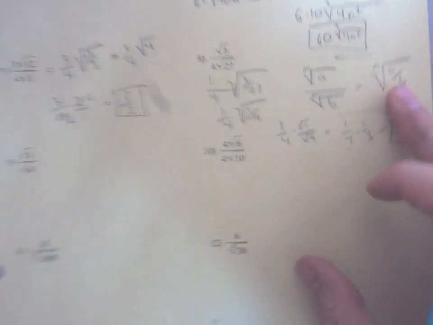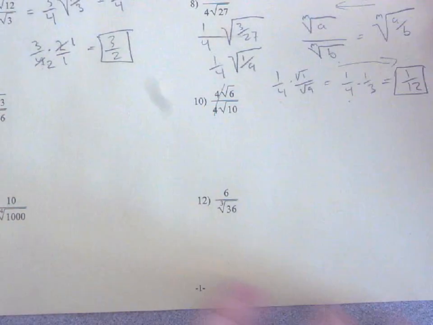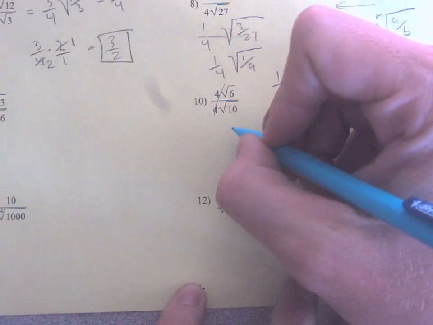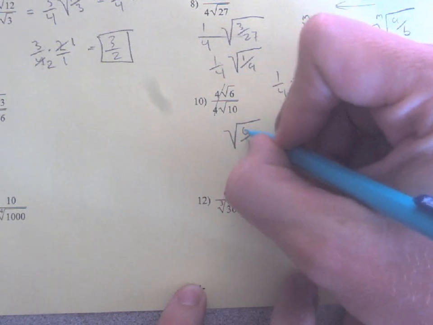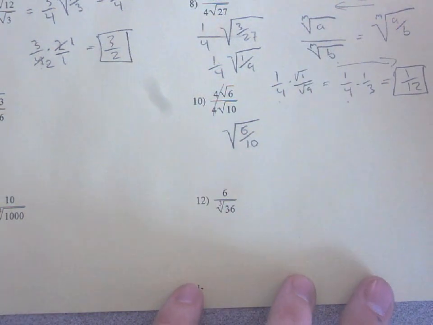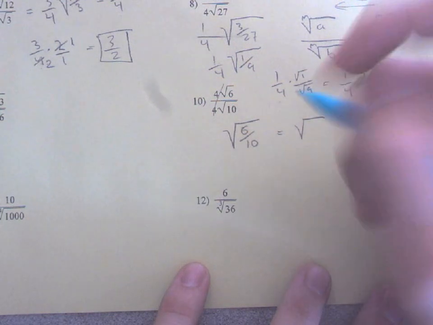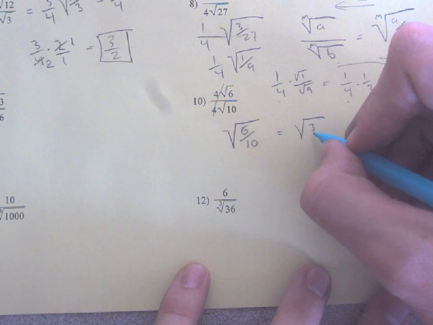All right. Now with number 10, I'd probably notice those 4s and just cancel those right off the bat. Right, 4 over 4. Those are multiplicative inverses, and you're going to get a 1 there. And then from there, I would probably write a single root, 6 over 10. Okay, so let's rewrite this guy. Since 2 goes into both of those, I end up with a 3 over 5.